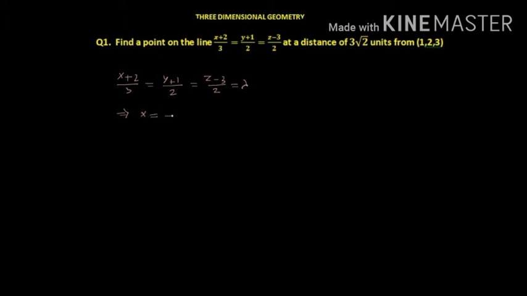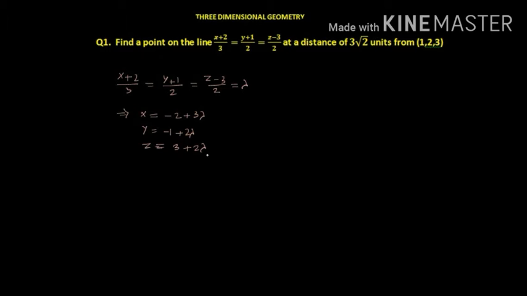So from here we will be getting x equal to minus 2 plus 3 lambda. You can easily see, each fraction you compare with lambda and find what is x. So that will give you the choices of the point lying on the given line.